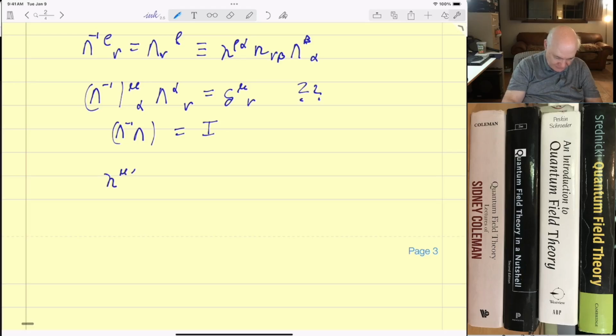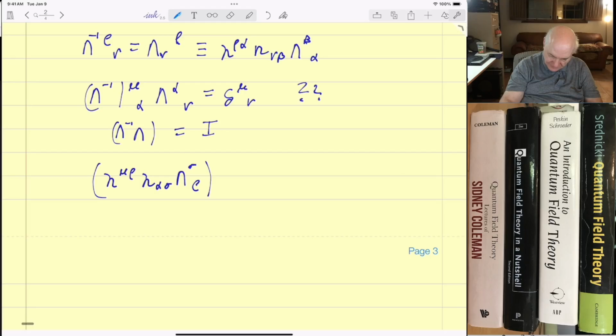Eta mu rho, eta alpha sigma, lambda sigma rho. As you can see, if you raise rho, you get, I wrote this wrong. Maybe I didn't write it wrong. Okay. The rho, that becomes a mu over there. And then we lower the sigma, it becomes an alpha.